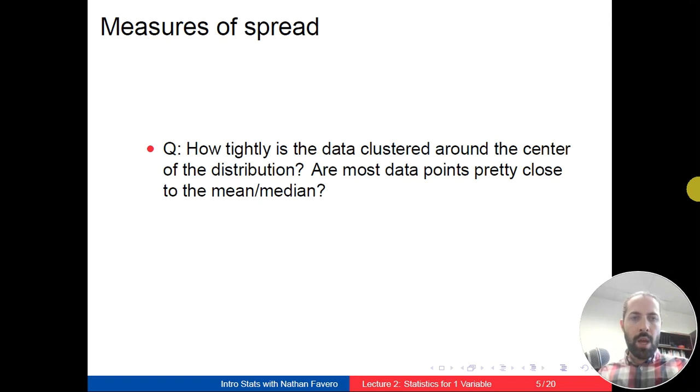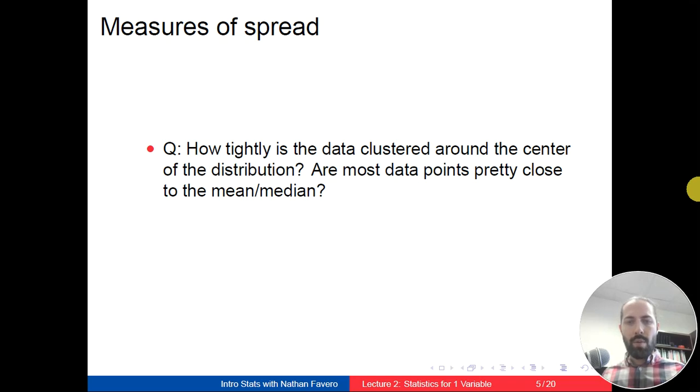All right. Now we're going to talk about a different category of statistics, measures of spread. Just like we had a question to motivate what a measure of central tendency is, we want a question or two to motivate what a measure of spread is. I might ask, how tightly is the data clustered around the center of the distribution? Maybe I know the median household income in a particular community is $40,000.